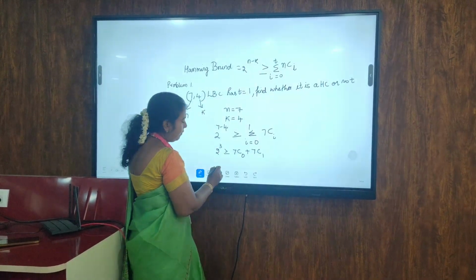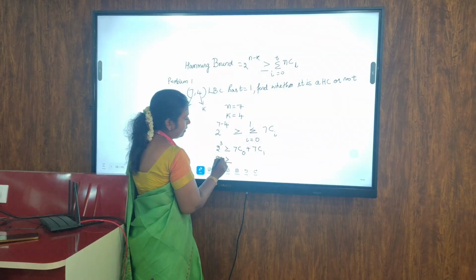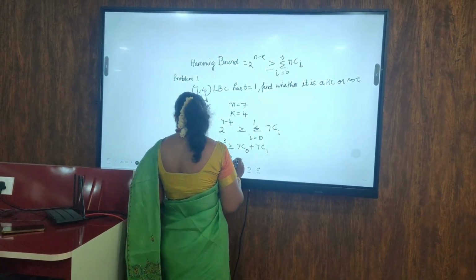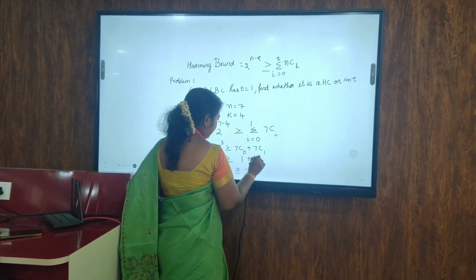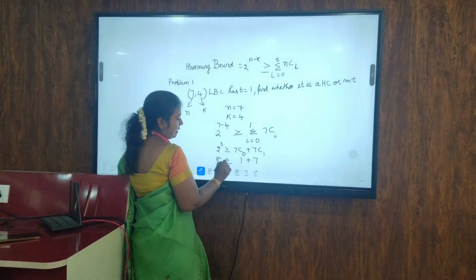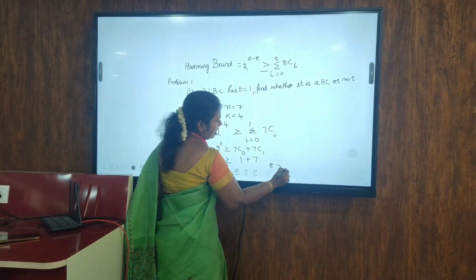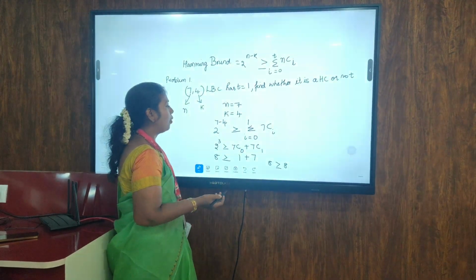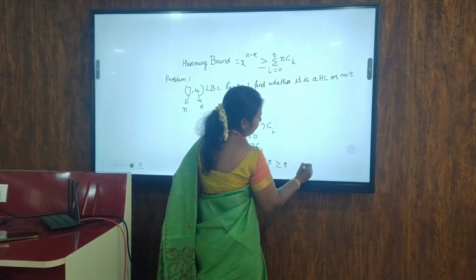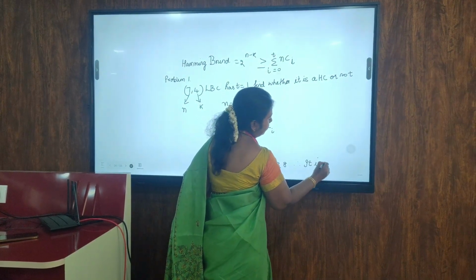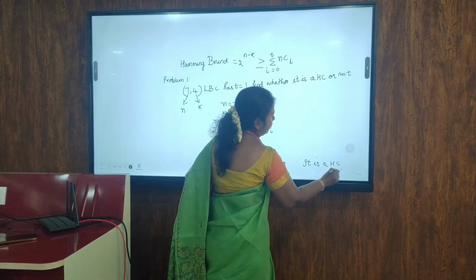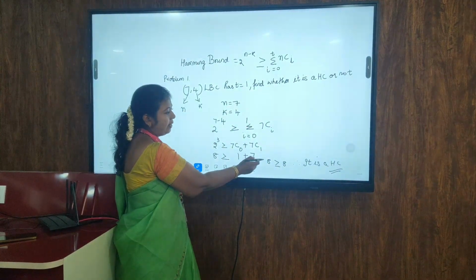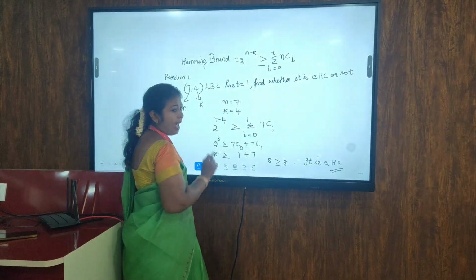Now 2 to the power 3, we know, is 8, should be greater than or equal to 7C0, which is 1, plus 7. So 8 is greater than or equal to 8. So this (7,4) linear block code is a Hamming code. Since this condition is satisfied, we call this code a Hamming code.